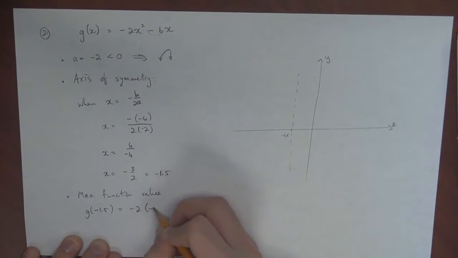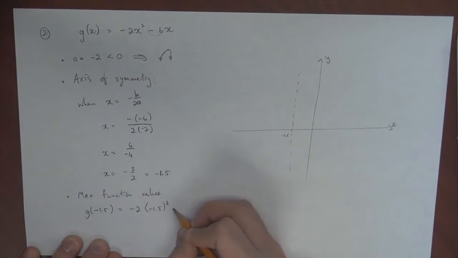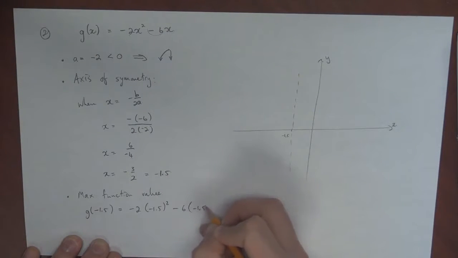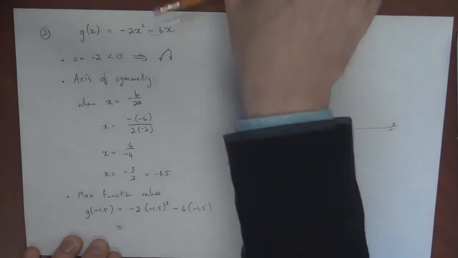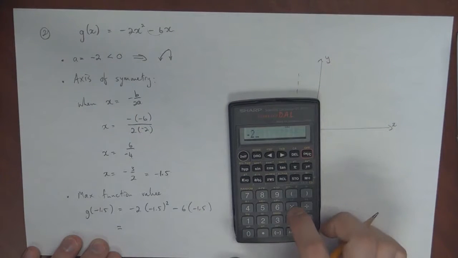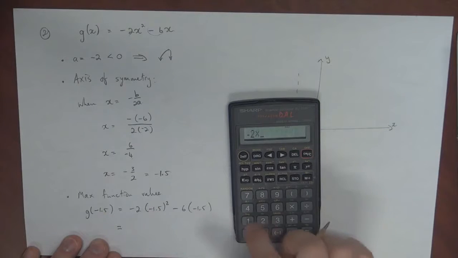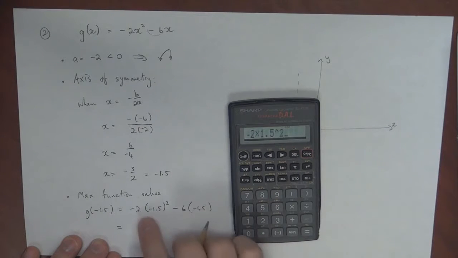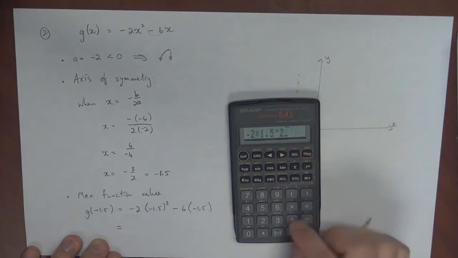So I plug that in, and let the calculator do the rest. So I have a negative 2 times 1.5 squared, since the negative is going to square out.